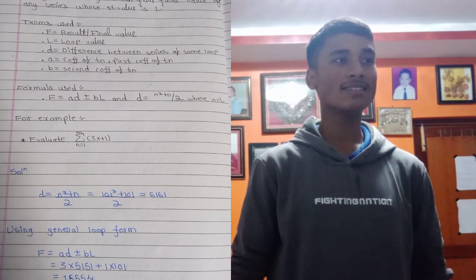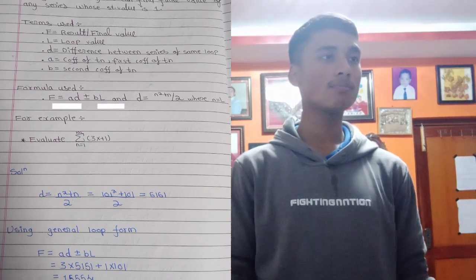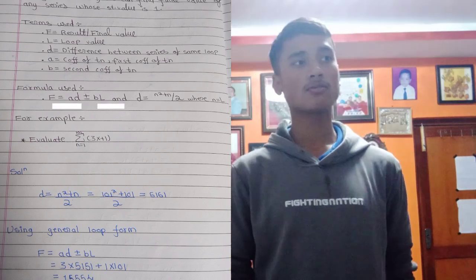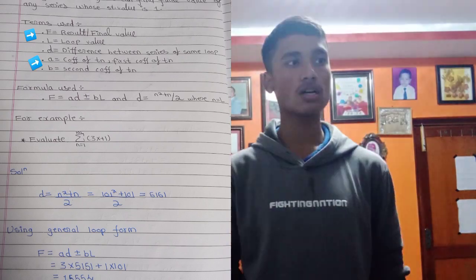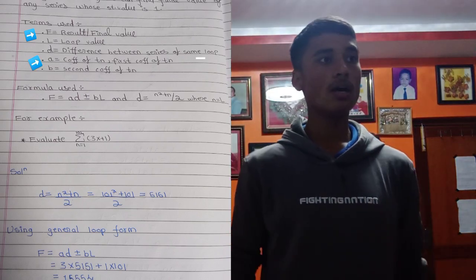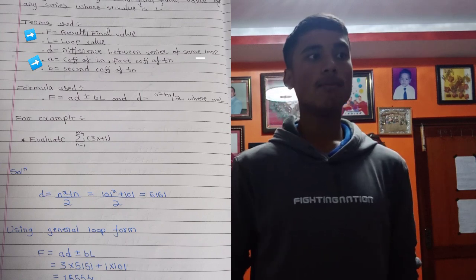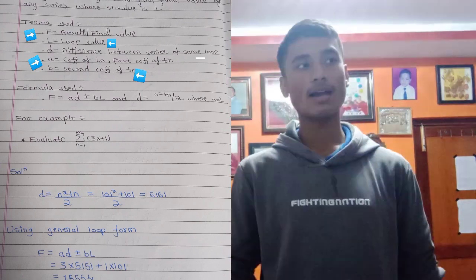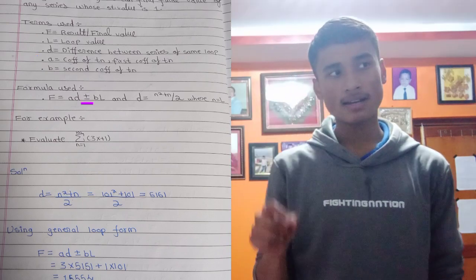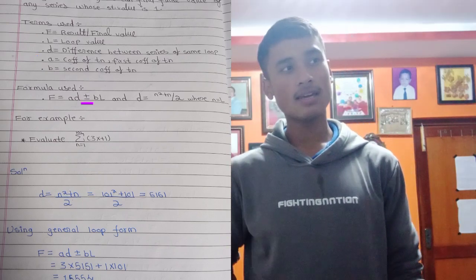And the formula is F = AD ± BL, where F stands for the value which we want, A stands for the first coefficient of the general term, D stands for the common difference between them, B stands for the second coefficient of the general term, and L stands for the looping value. And that plus-minus is not a big deal.